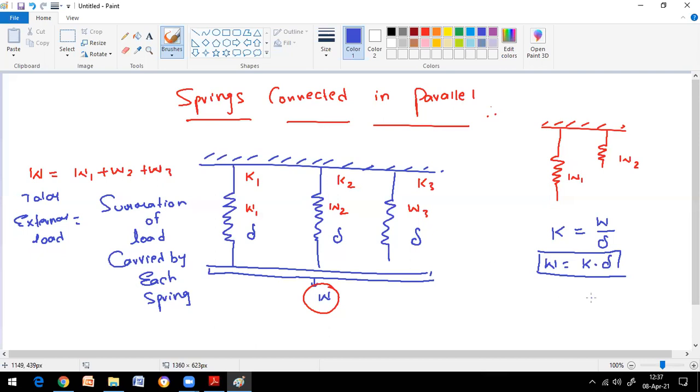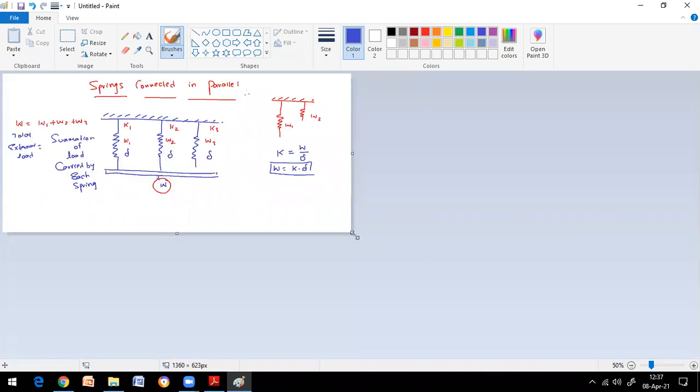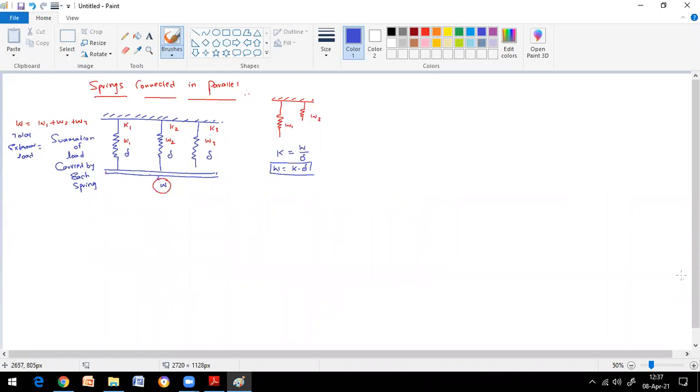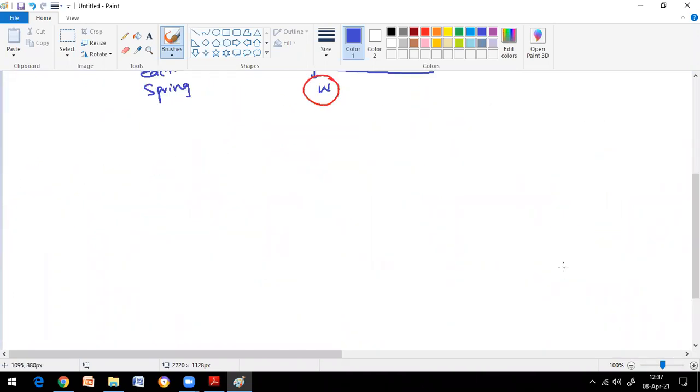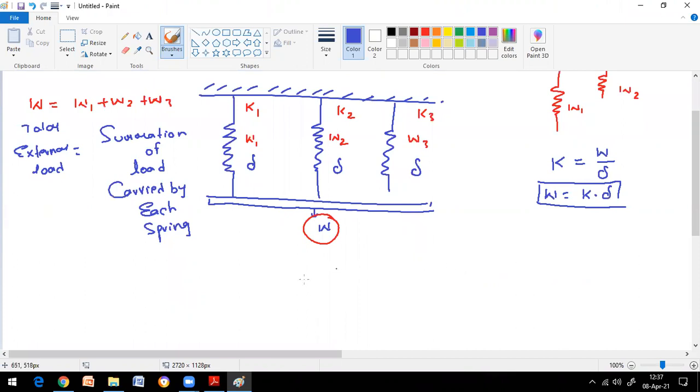Now with this relation, you can write the whole equation as W is equal to W1 plus W2 plus W3.